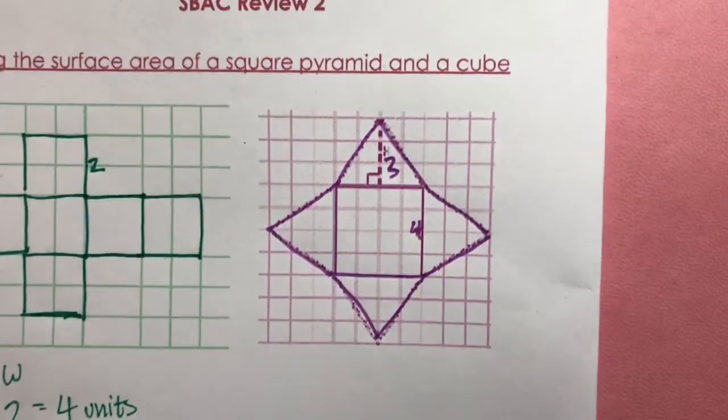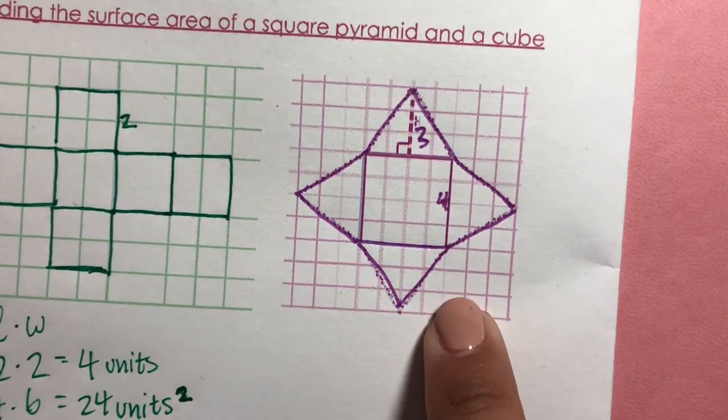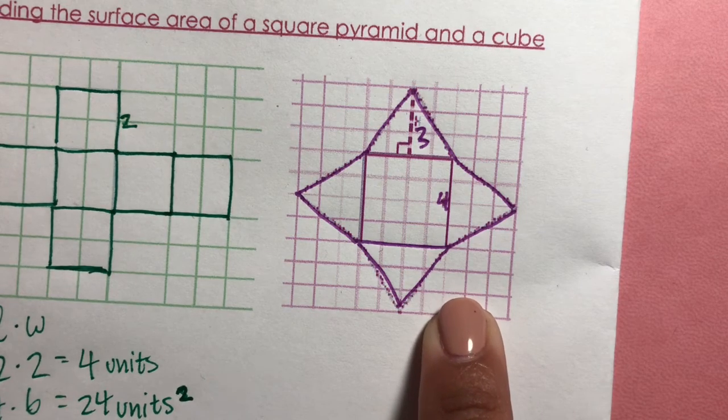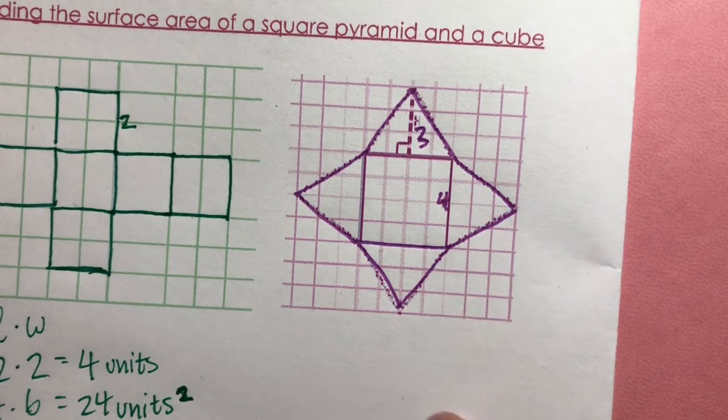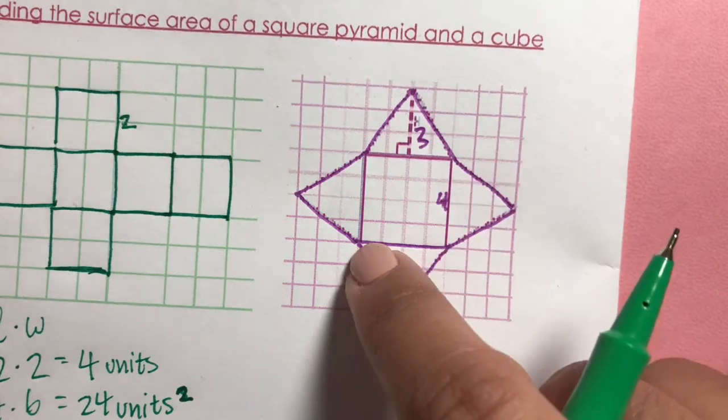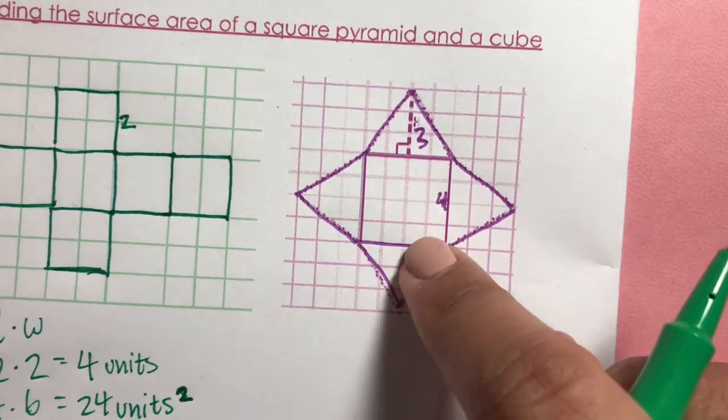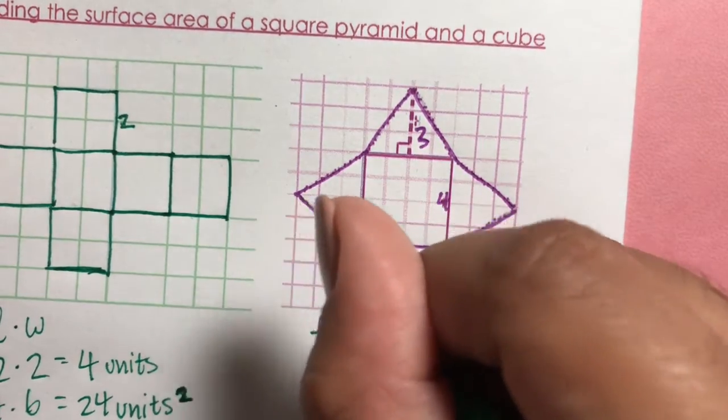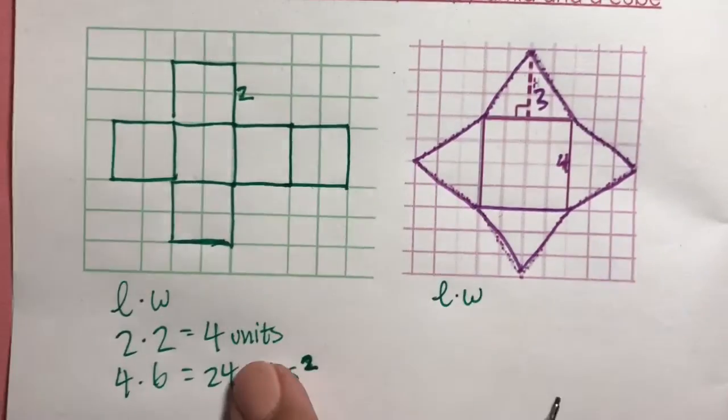Now, let's do a square pyramid, because some of you were also getting confused by this yesterday when we had this problem. So the basic formula for a square pyramid, think about it. We have one square here, okay? So we already know we're going to have length times width, just like what we had here.